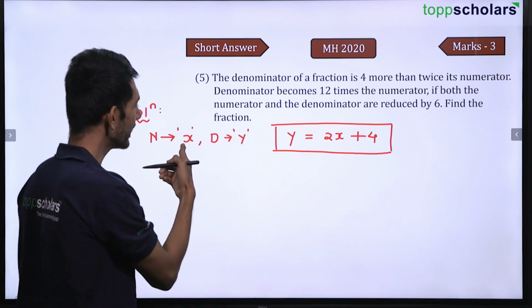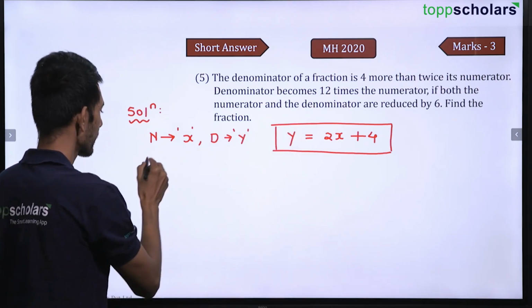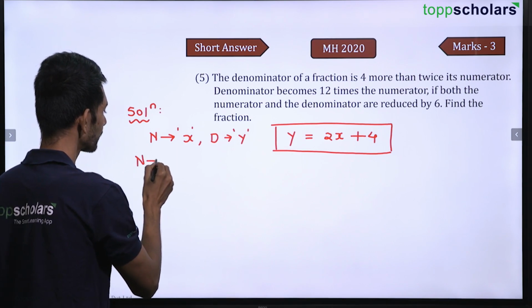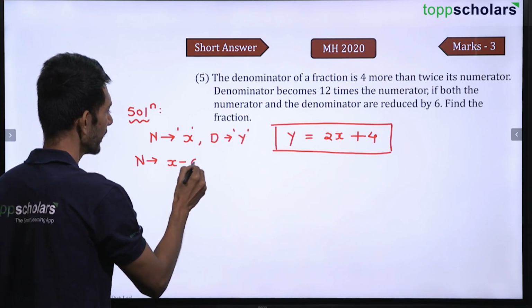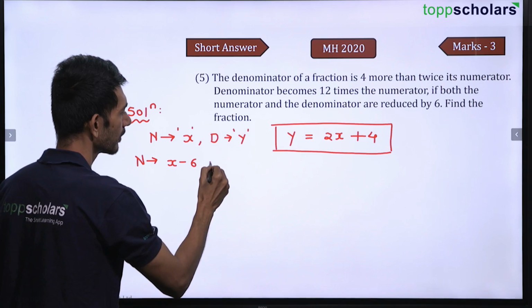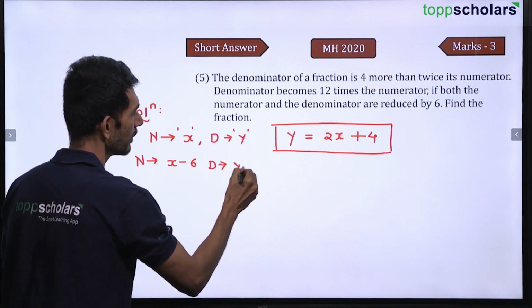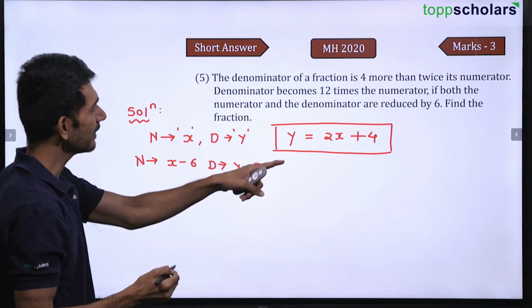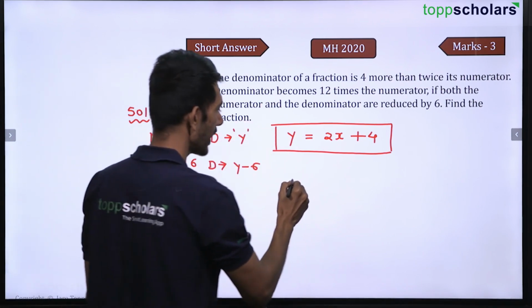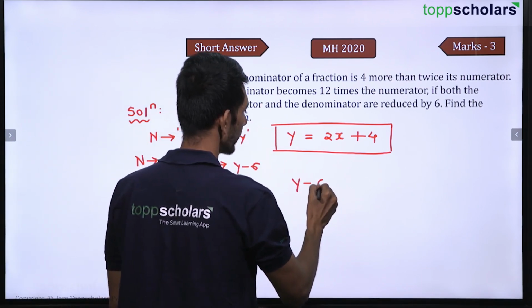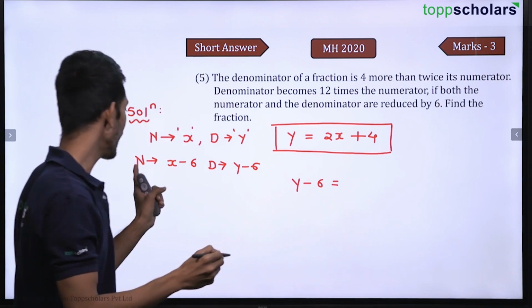Now, if the denominator and numerator are reduced by 6, so the new numerator will become x minus 6, the new denominator will become y minus 6, and they are saying that the denominator, that is y minus 6, is equal to 12 times the numerator.